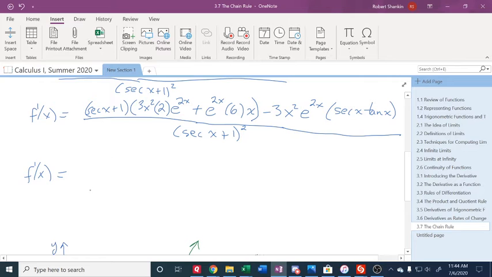So that's going to be 6x squared e to the 2x secant x. And then the secant x also distributes to this next term. Plus 6x e to the 2x.